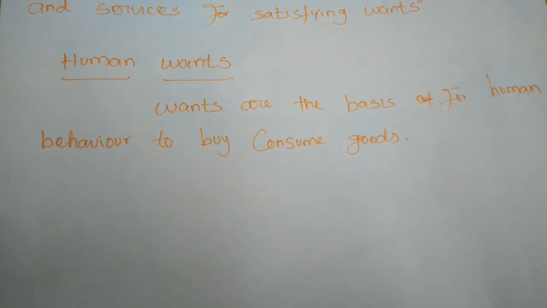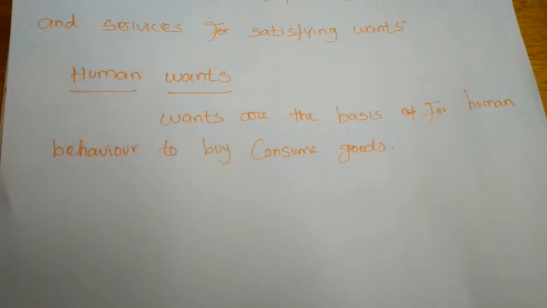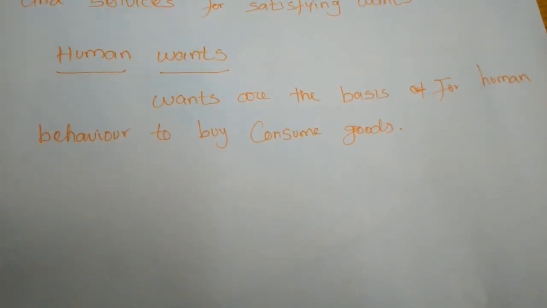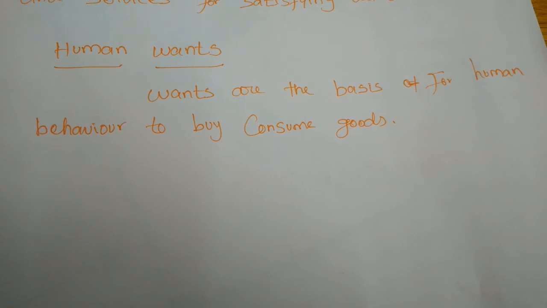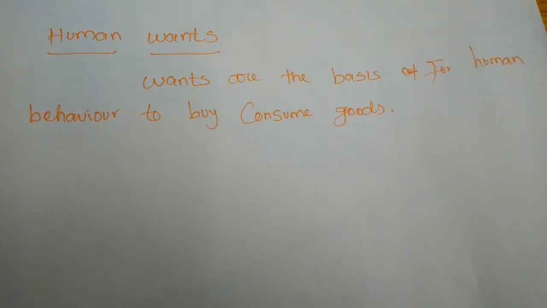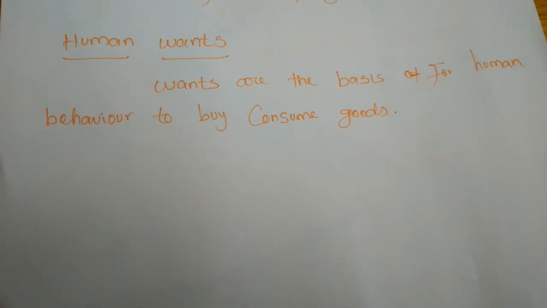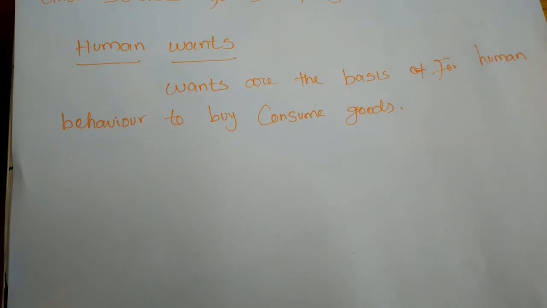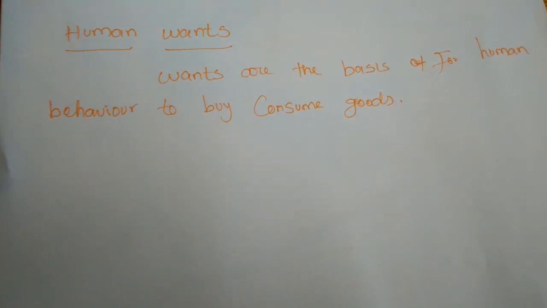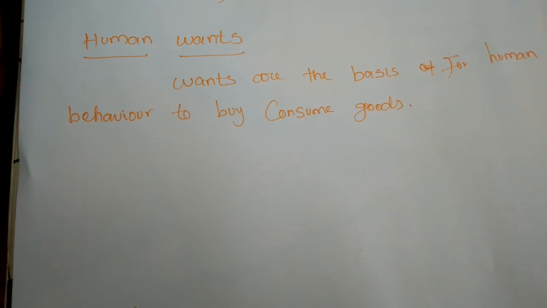Wants are the basis for human behavior. Behavior means what we do on our daily basis, which is determined by our wants or the level or volume of wants. If a man doesn't have even a little bit of want for anything, there is no human activity, right?